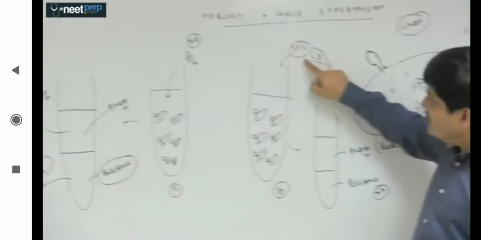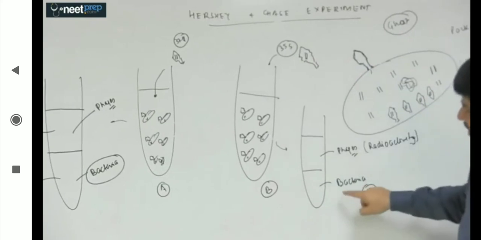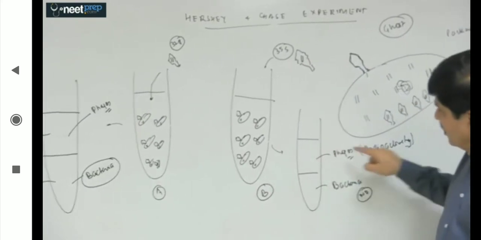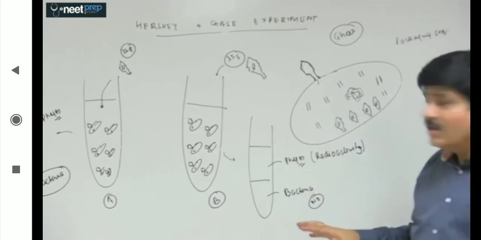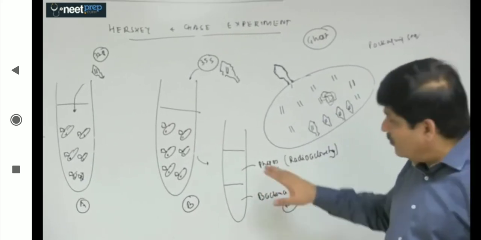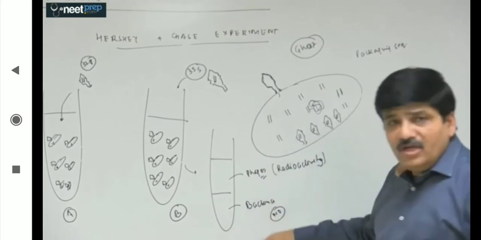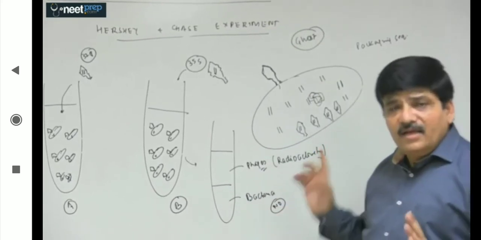And when you are using 35S, none of the radioactivity was seen in the bacterial cell, or almost all radioactivity was limited to what is called the supernatant part of the sediment. And very importantly, when these bacteria reproduced, none of the progeny had radioactivity.